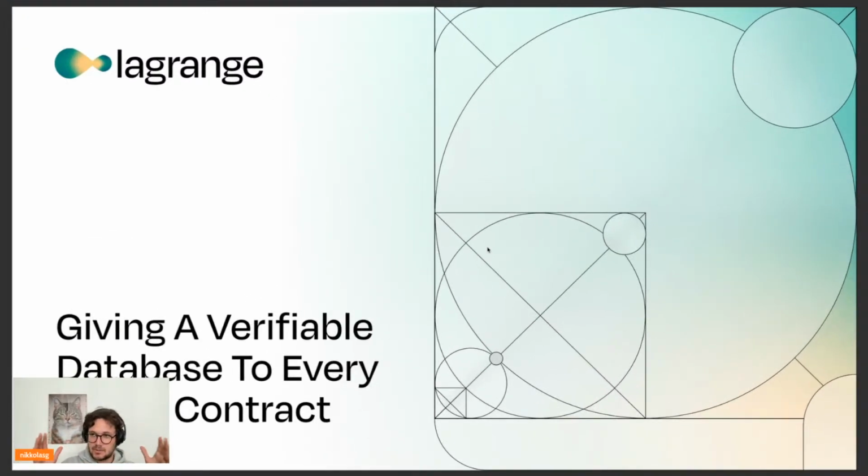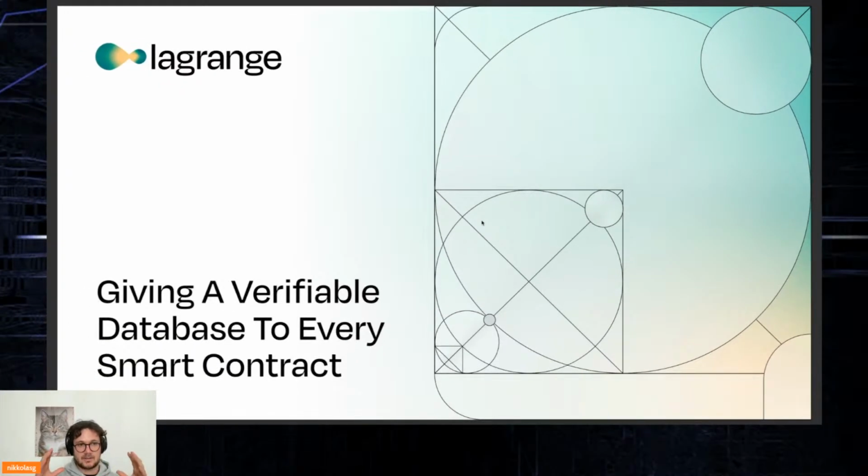That's one of the key properties of the Lagrange proving network, to be very efficient at answering queries by being horizontally scalable. We go over the tree, and at the end we get a proof of the computation. We added all the values, and we submit this proof back on chain. We're going to see the workflow right now.